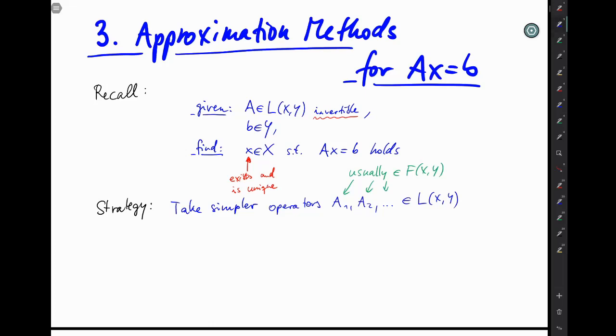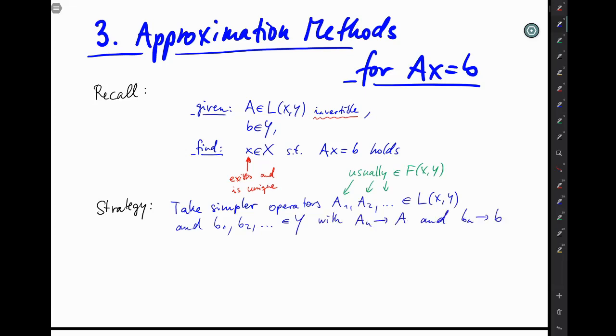Okay, and then corresponding to the way you simplify the operator from A to An, you will also want to simplify your right-hand side b into something that you call bn. So this also gives you a sequence b1, b2, and so on in your space Y, where the operators An approximate your operator A, and the right-hand sides bn approximate your right-hand side b.